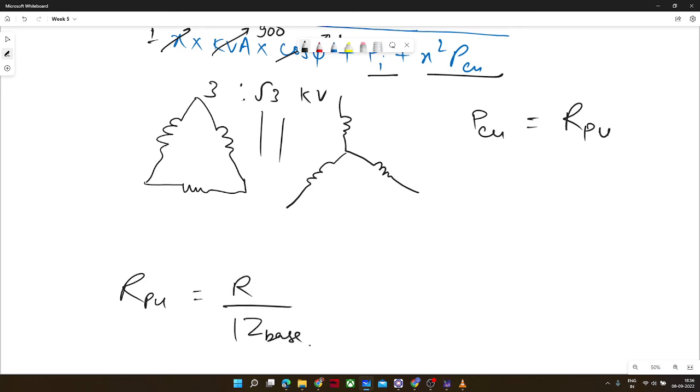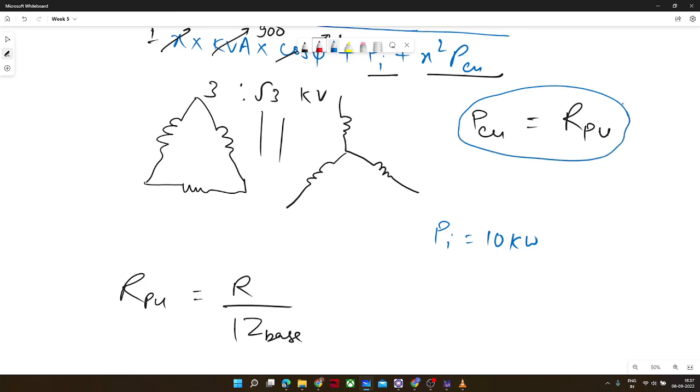I guess iron loss is given in the problem. Iron loss was 10 kilowatt, as mentioned in the problem. The rest I have to calculate, the copper loss, and copper loss we all know is equal to R_pu.